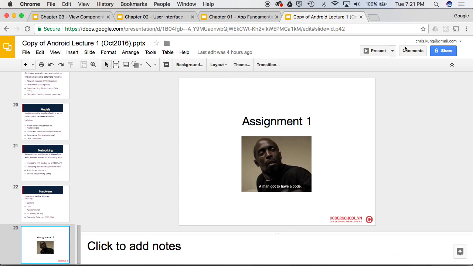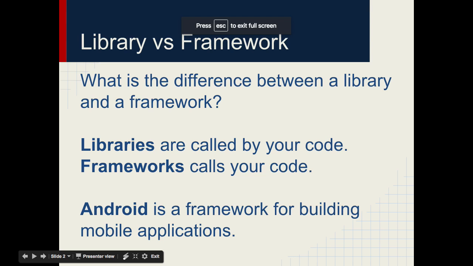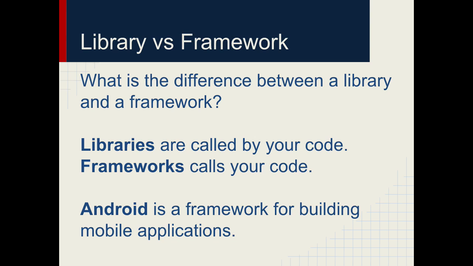And actually, let's skip straight into talking about app fundamentals. Cool. One of the things that we want to distinguish is between a library and a framework. I think this slide is a little too simplistic, where it says libraries are called by your code and frameworks call your code.